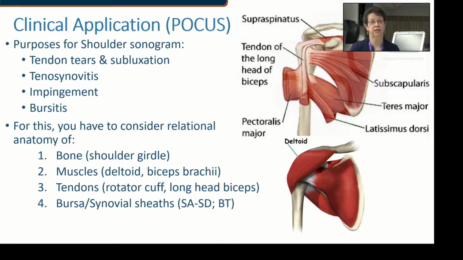Remember that the biceps tendon is going to be covered in a synovial sheath, and the SASD bursa overlies the glenoacromial joint and can reach all the way over to the coracoid area as well. You also want to be familiar with articular cartilage and not mistake that for any kind of pathology.